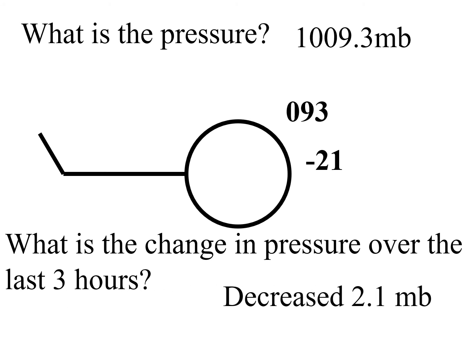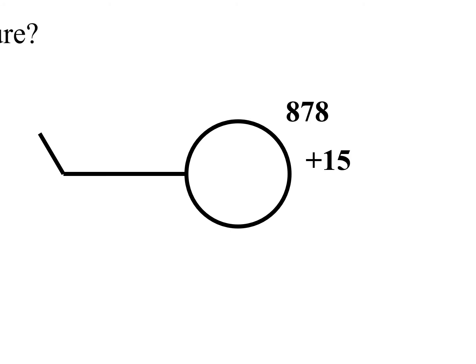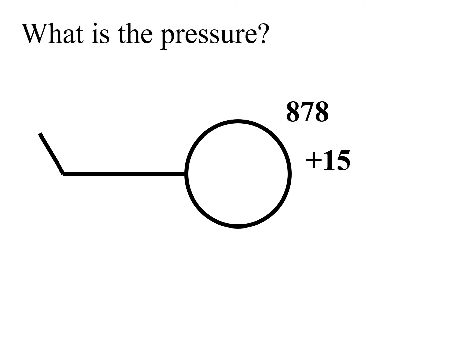Hey, what's the wind direction and speed? I see from the west at 10 miles an hour. What's the cloud cover? 0%. Now, what is the air pressure? 878. Well, we put a decimal before the last number, so it's something 87.8 millibars. Would that be 987.8 millibars or 1,087.8 millibars?